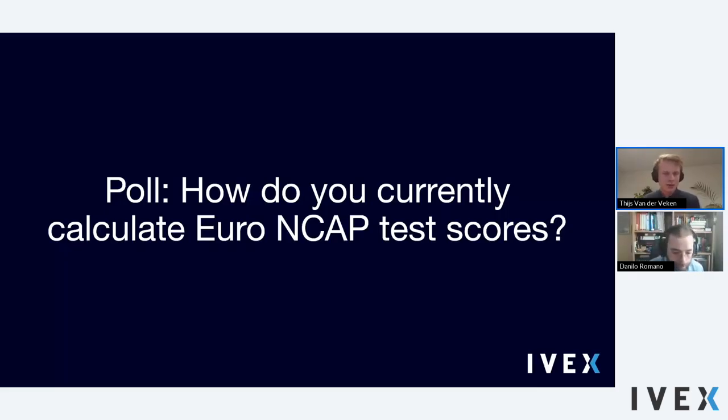Also, after I publish the result, you can still enter an option later. So let's publish. We see that the Euro NCAP Excel spreadsheets are very popular with 35 out of the 46 votes, so more than 70%. The second most popular option is to use some custom in-house tools that you have available in order to compute the scores. Okay, so I think we can proceed to the next question.